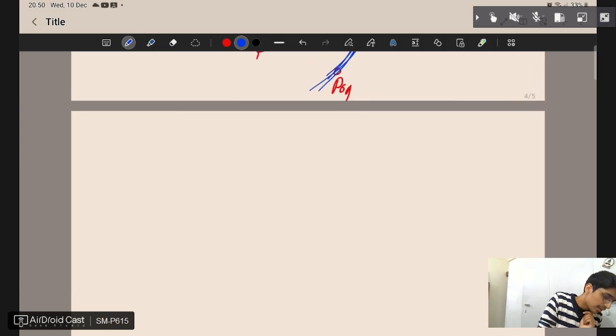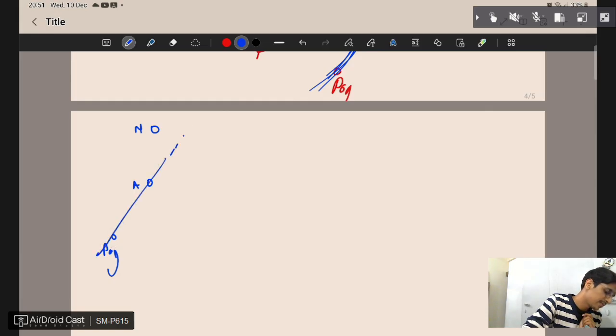Again, I will make a better diagram of this: N, A, and POG. With this diagram, you guys are familiar. This angle is basically a positive value.